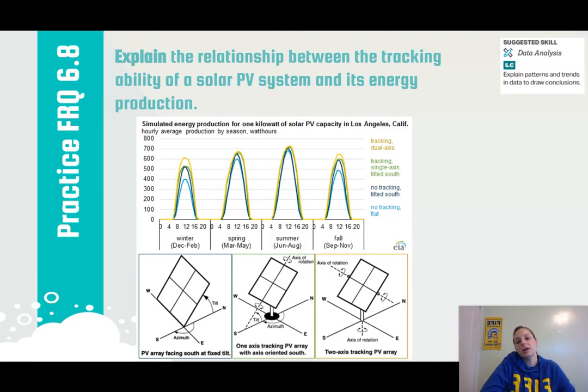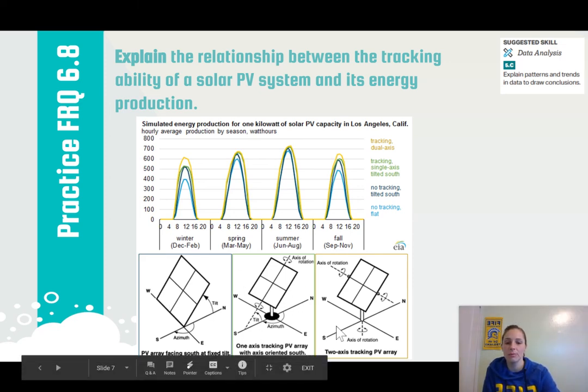So for practice FRQ 6.8, I want you to look at this diagram, and this is going to be practicing data analysis. I want you to explain the relationship between the tracking ability of a solar photovoltaic system and its energy production. So you can look here.